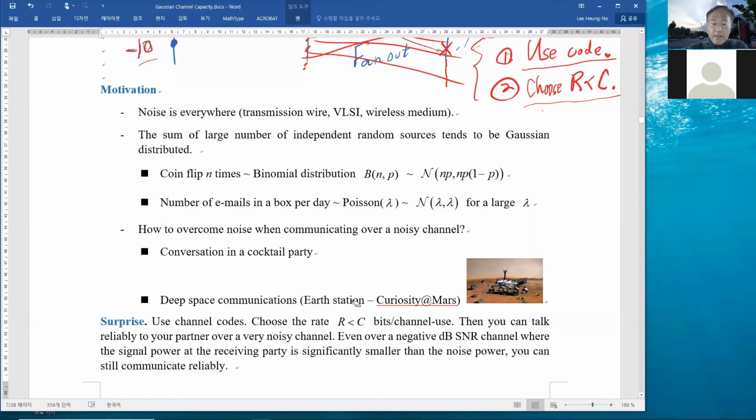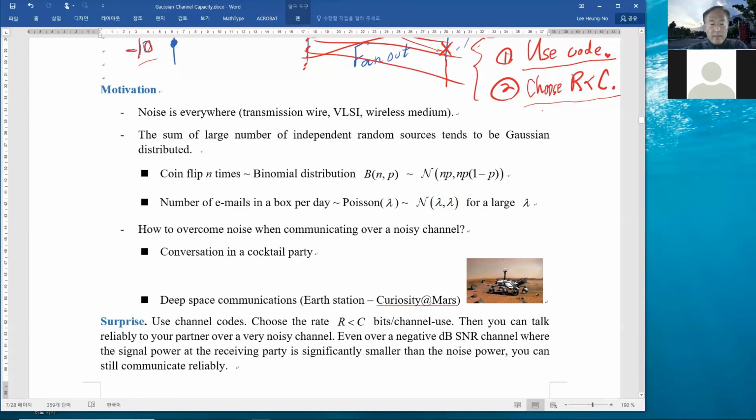Then it has to use the energy generated by the solar panel to transmit the image back to the Earth station, but the transmission power, the signal power, has to be very small, because the energy at Curiosity is very dear.